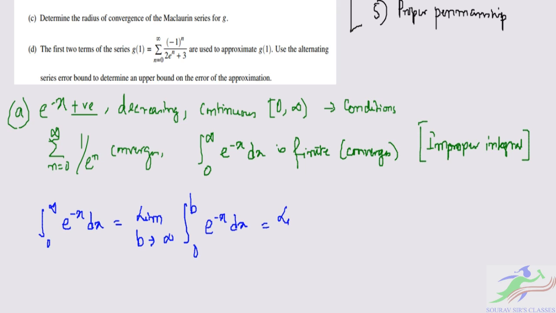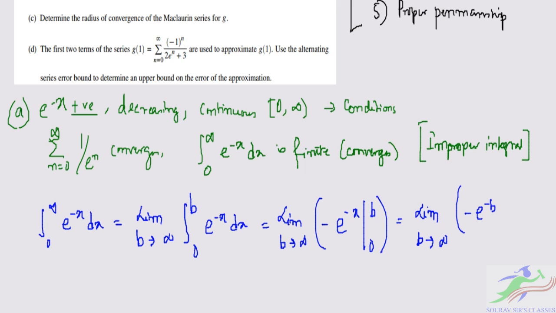Solving this, we have the limit b tends to infinity of minus e to the power minus x from 0 to b. So the limit b tends to infinity, we have minus e to the power minus b plus e to the power 0, which is nothing but 1.